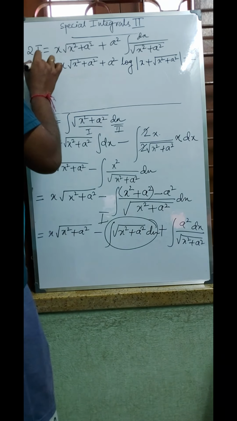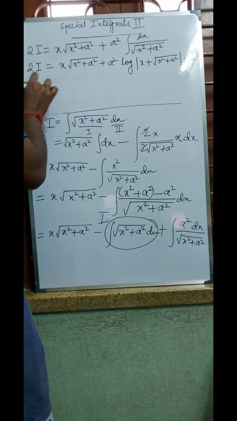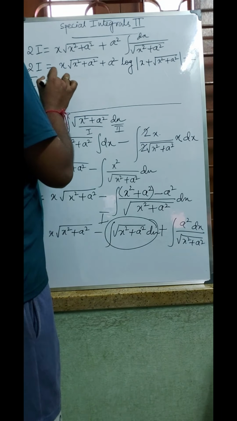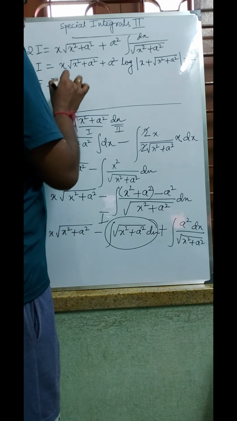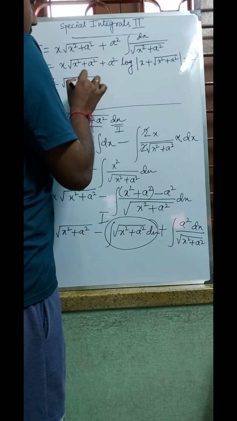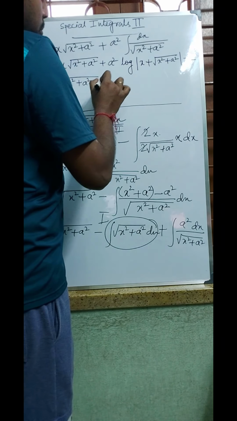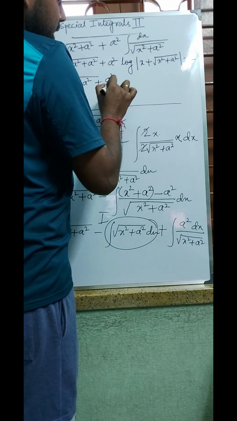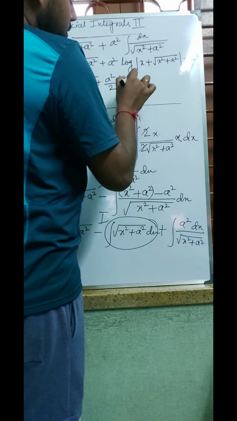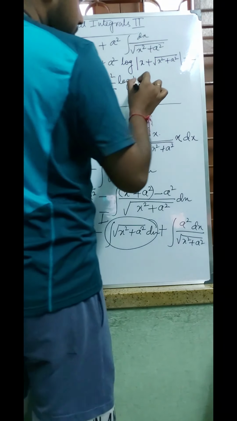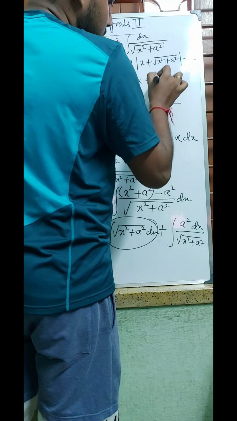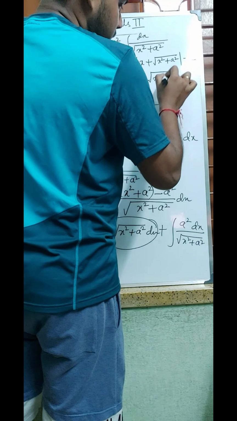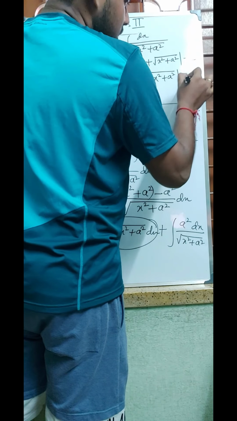Now this is your 2I, so what will be your I? I will become x by 2 root over of x square plus a square plus a square by 2 log of mod of x plus root over of x square plus a square plus c.